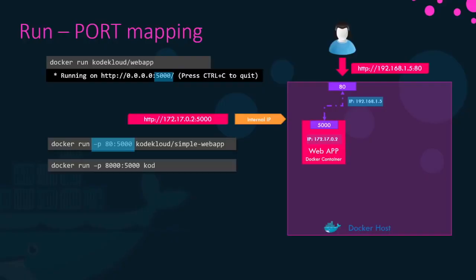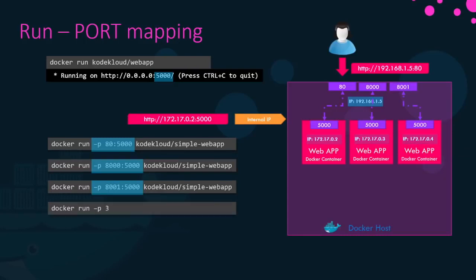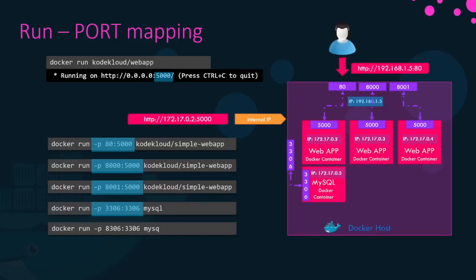This way, you can run multiple instances of your application and map them to different ports on the Docker host, or run instances of different applications on different ports. For example, in this case, I am running an instance of MySQL that runs a database on my host and listens on the default MySQL port, which happens to be 3306, or another instance of MySQL on another port, 8306.